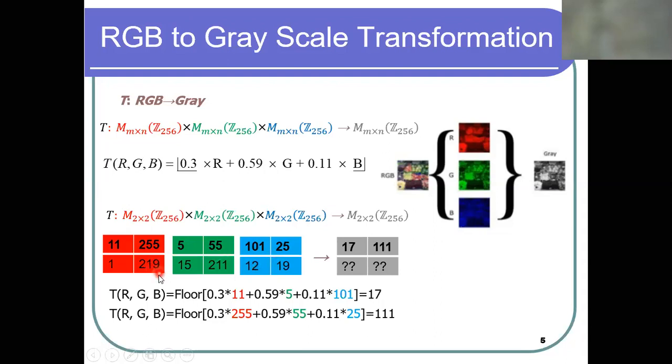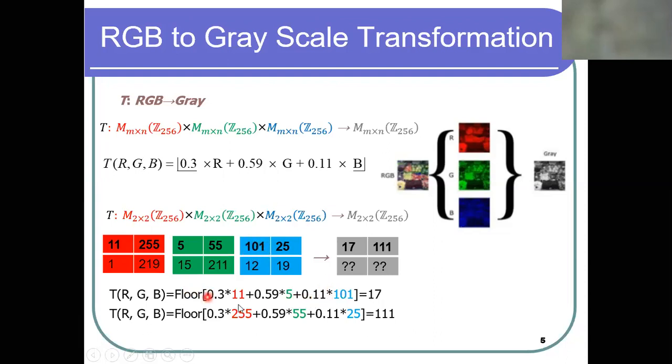So I have a 2 by 2 color image whose red layer consists of this 2 by 2 matrix, the green layer is also a 2 by 2 matrix, and the blue layer is also a 2 by 2 matrix. We apply the RGB transformation: 0.3 times the first value 11, plus 0.59 times the first value of the green layer, plus 0.11 times the first value of the blue layer, that is this.